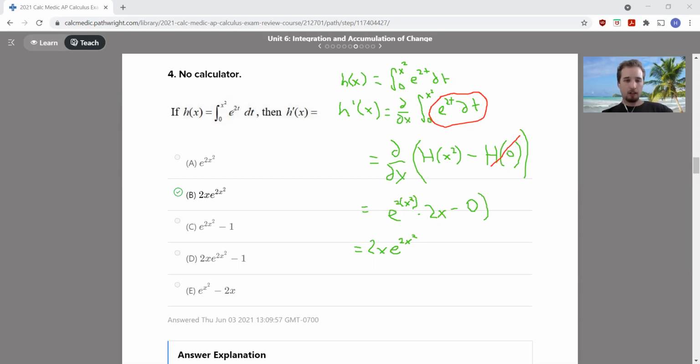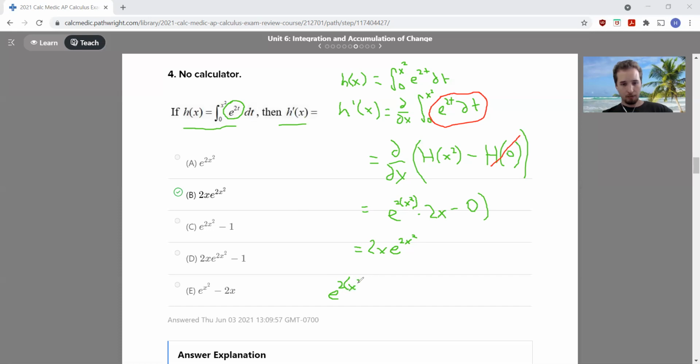Now, if you have this in the future, I kind of explained why this happens, but if you just take a look at this problem in the future, you have an integral and then you have to take the derivative, just think of it like this. You use the derivative to get rid of the integral and keep this the same, but you plug your bounds in here, so you get e to the 2 times your bounds, which is x squared.